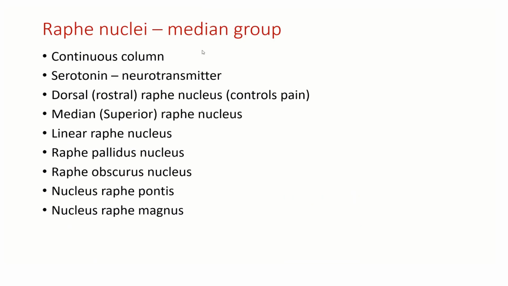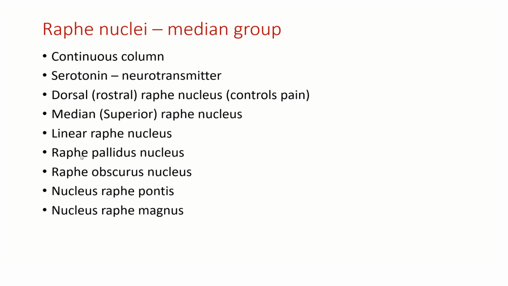You can see here the raphe nuclei or the median group. It's a continuous column. Serotonin is the neurotransmitter. The following nuclei are predominantly observed here. The dorsal raphe nucleus, also called the rostral raphe nucleus, controls pain. Then the median raphe nucleus, also called the superior raphe nucleus.